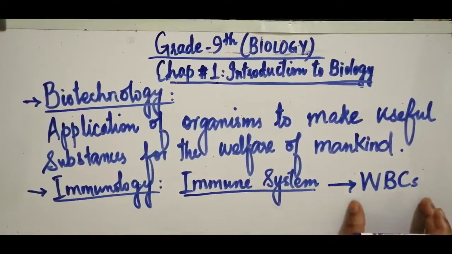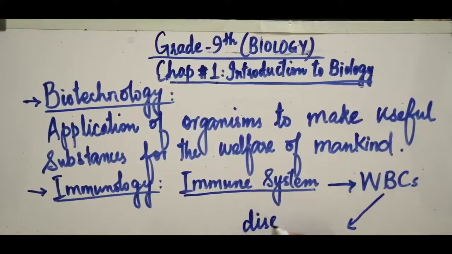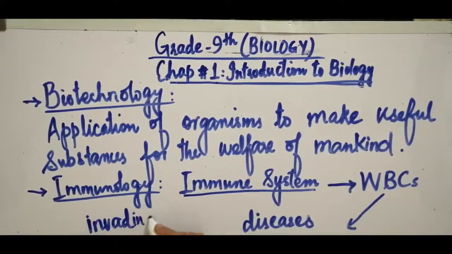These cells are responsible for protecting our body from different diseases and the germs of different diseases. So the immune system of animals defends the body against invading microbes. What is the meaning of invading microbes? Those germs which enter our body and are responsible for different sorts of diseases.